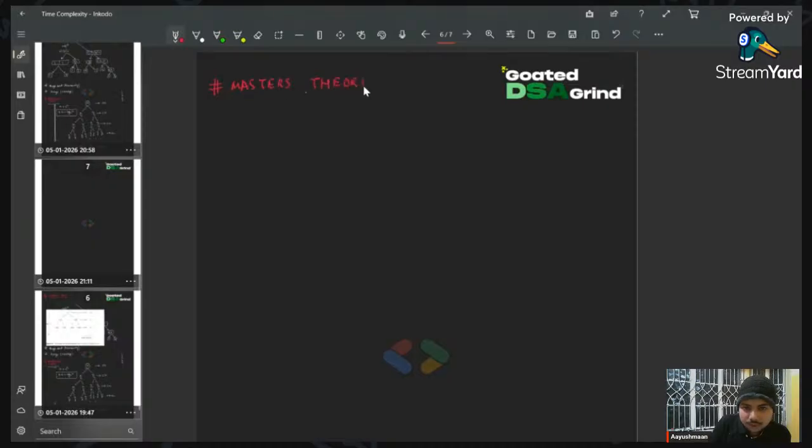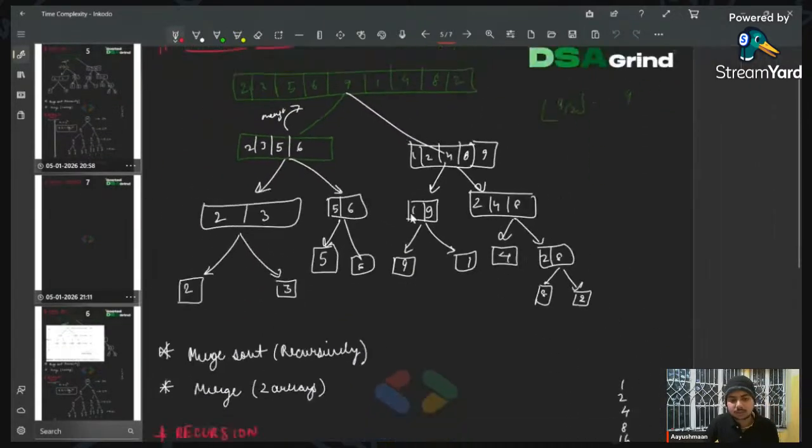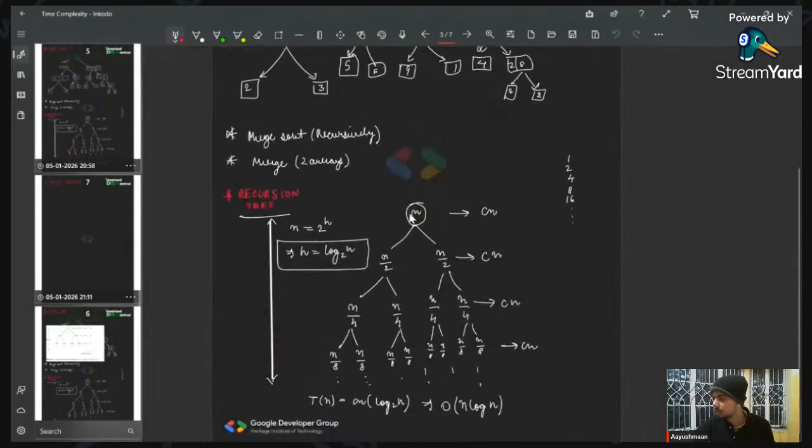Before Master's theorem, actually, I had to give you more intuitions about this merge sort, but it's getting quite late, so I guess I'll skip that part, or I'll cover it when we will cover recursion. Okay.